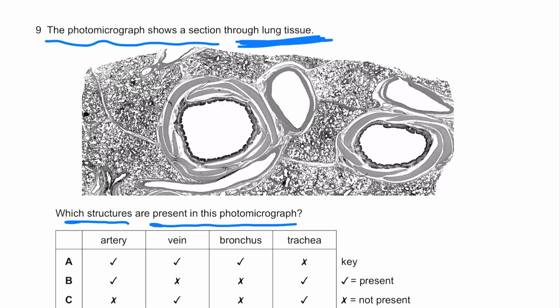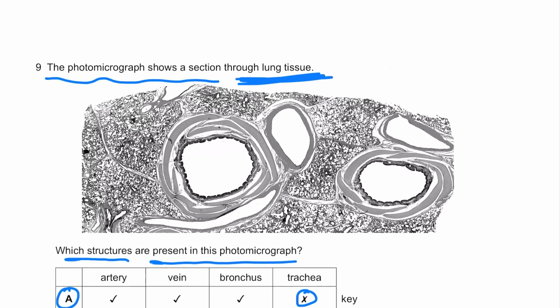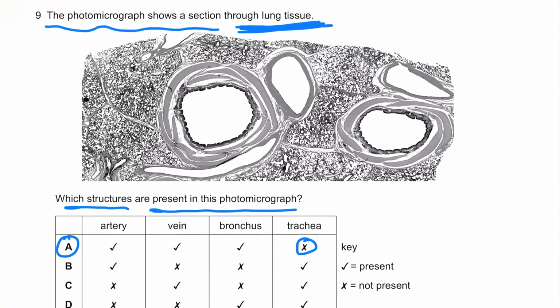So the lung tissue cannot contain the trachea, which makes the answer straight away A. Okay, I would like to label the structures and help you identify these structures in this diagram.